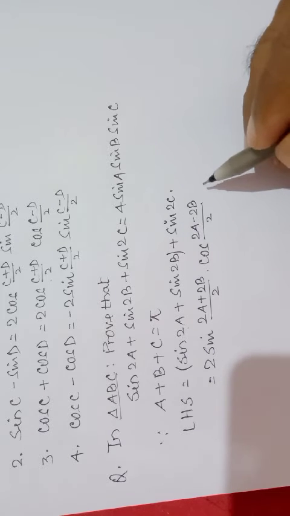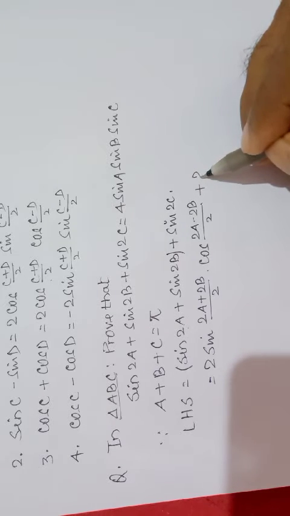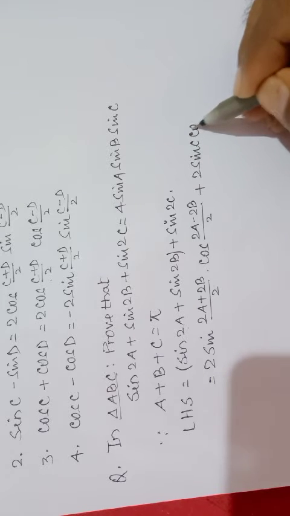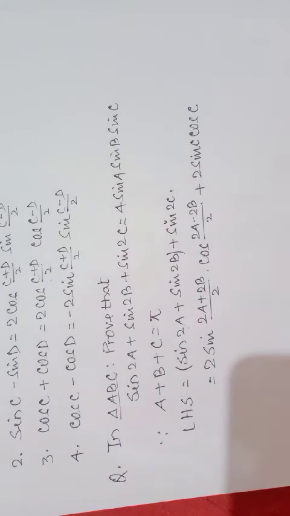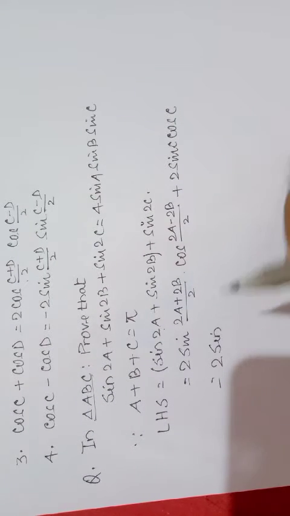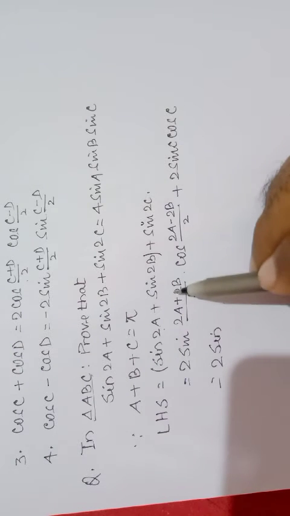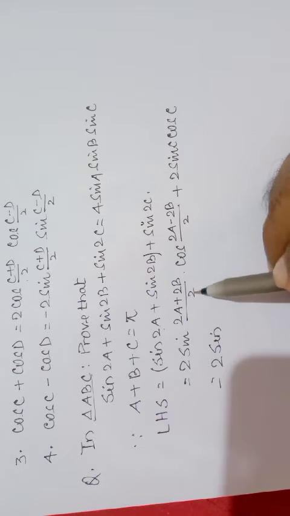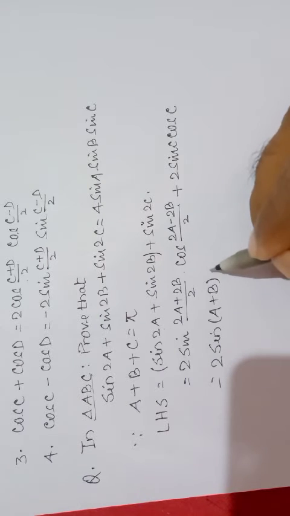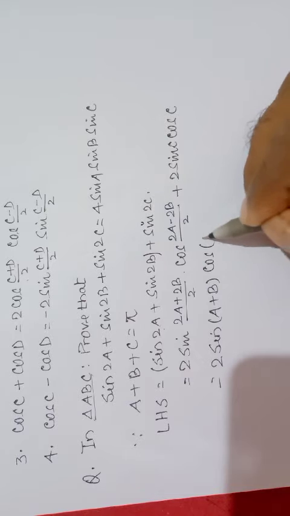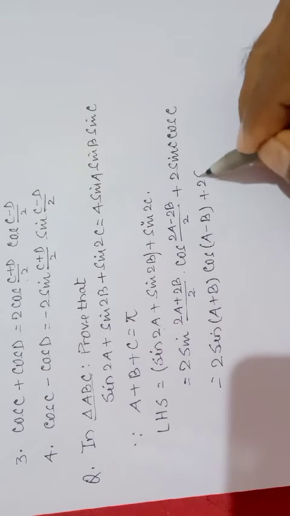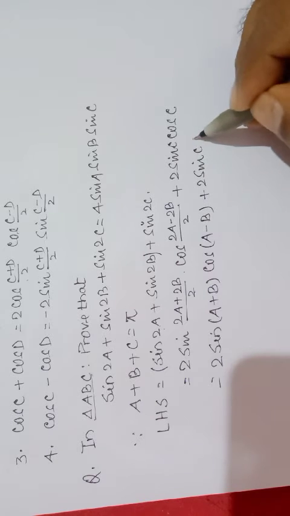Also, sin 2C should be written as 2 sin C into cos C, according to the formula for sin 2 theta. Now in the first term, 2 should be taken common in the numerator and cancelled by the 2 in the denominator. So how much is left? Sin (A plus B) into cos (A minus B), on the same pattern, plus 2 sin C into cos C.